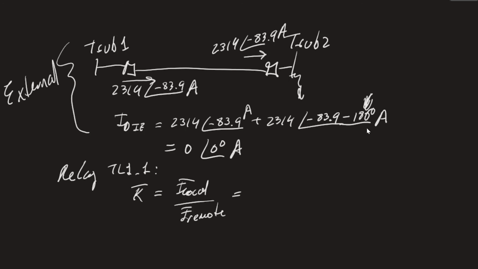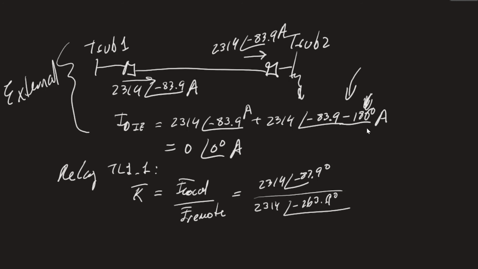So if I calculate this phasor K, I'm going to get 2314 angle minus 83.9 degrees divided by 2314 at an angle of minus 263.9 degrees. And this comes from this right here: minus 83.9 minus 180 gives me this angle over here. If I calculate this, I get that this is equal to 1 at an angle of 180. Again, this is for the external fault case, and this, by the way, is the ideal case for an external fault.